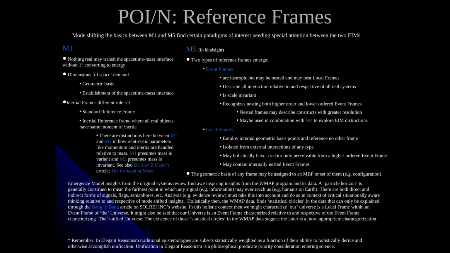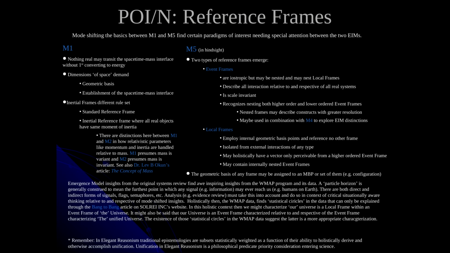All of that aside, those issues are all well beyond the scope of this presentation. I'm just trying to articulate the depth of things that you have to get into in order to really ferret out all the detail that's necessary in order to effectively mode shift something, even as maybe simple as what constitutes a reference frame between the two models.